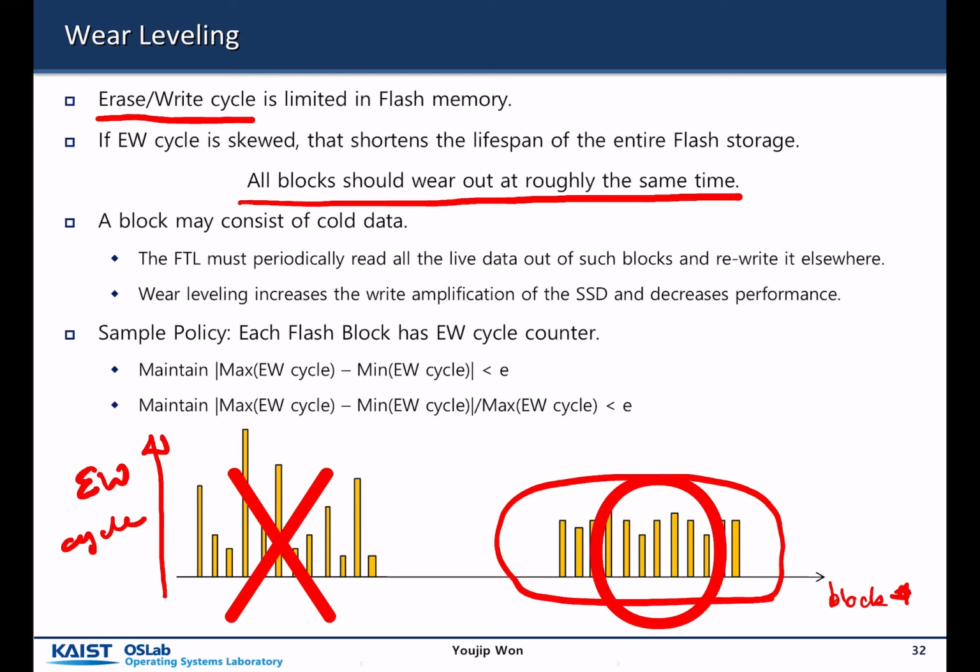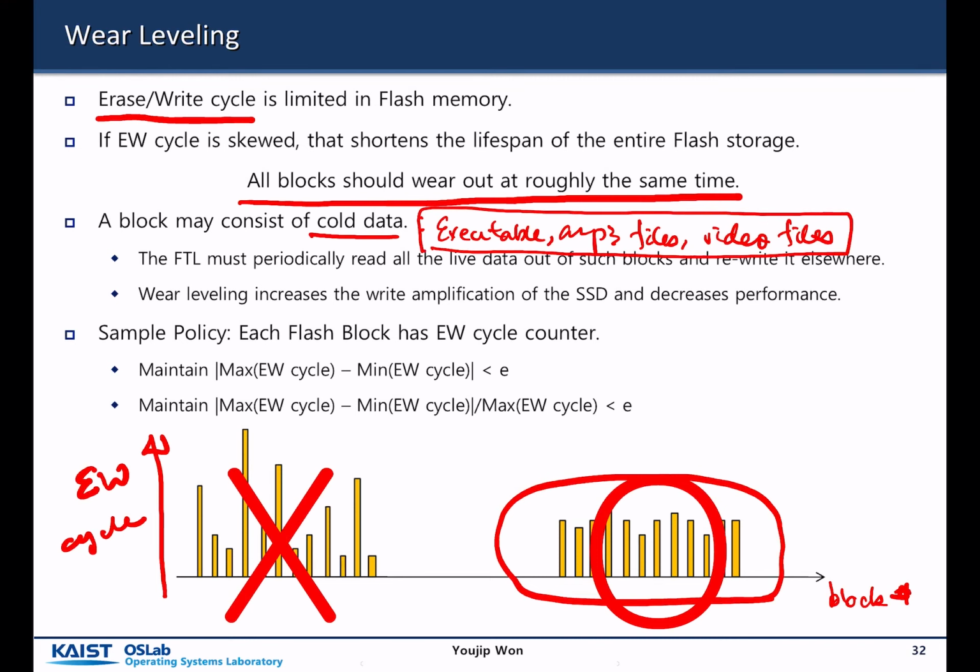However, a block may consist of cold data. Cold data means that the block may host executables, MP3 files, video files, and so on, and these files are rarely updated. On the other hand, some other blocks may contain log files or temporary buffers, and these blocks will be updated very frequently.